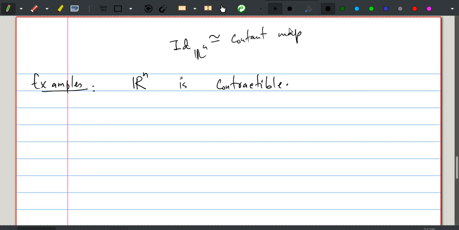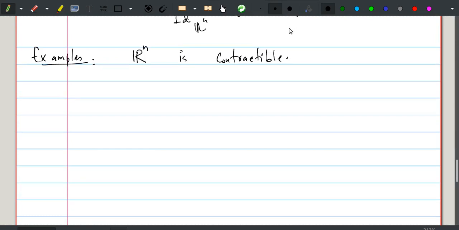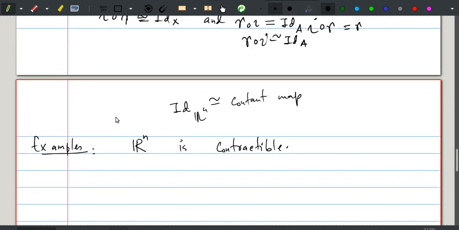That is what we have to prove. So to prove these two maps are homotopic, we have to exhibit a homotopy.